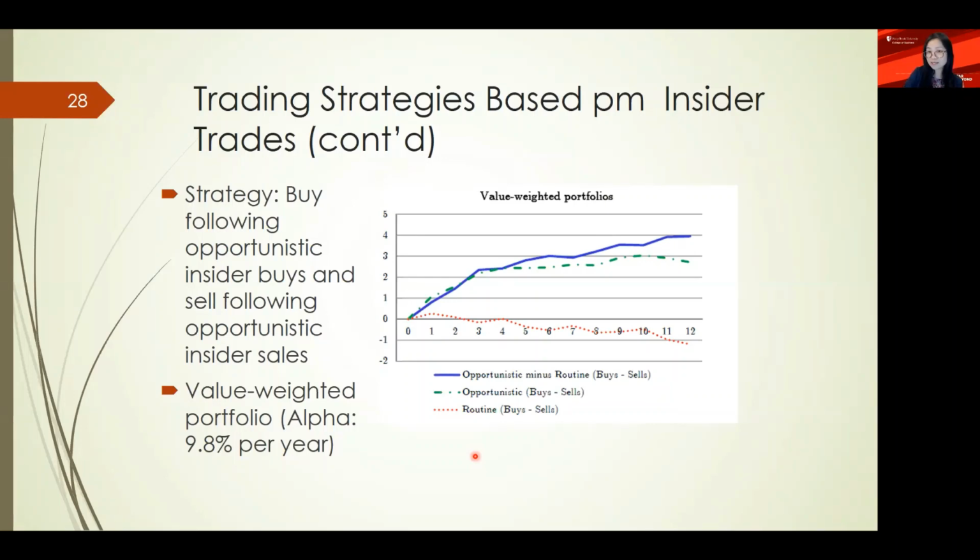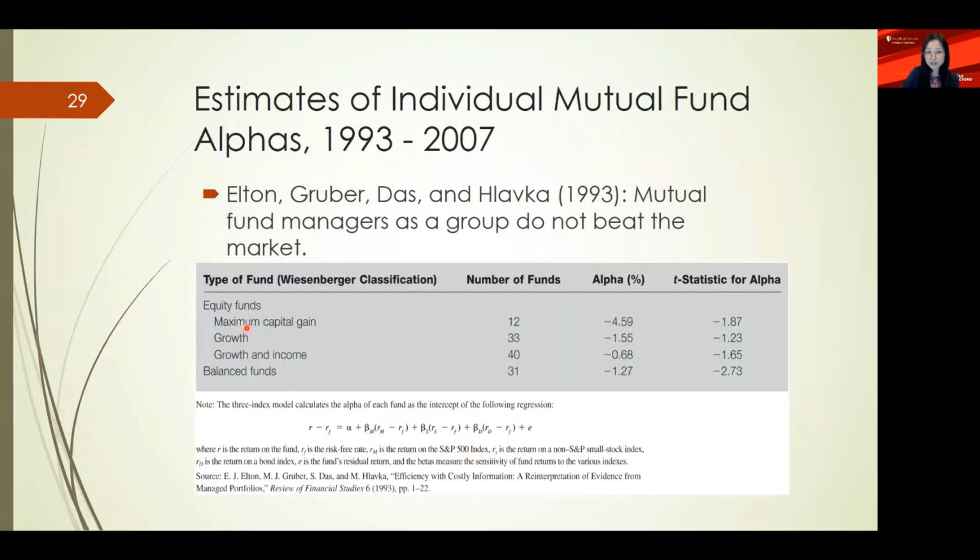So this evidence supports that having private information can make abnormal profits, which is against the strong form EMH. But in general, if you look at professional investors, where we were talking about insiders, but if you follow mutual funds, unfortunately, most of the studies so far have shown that mutual funds on average do not beat the market.